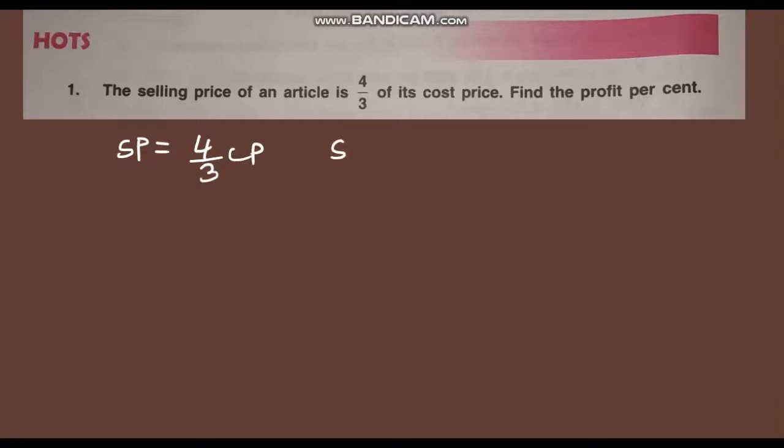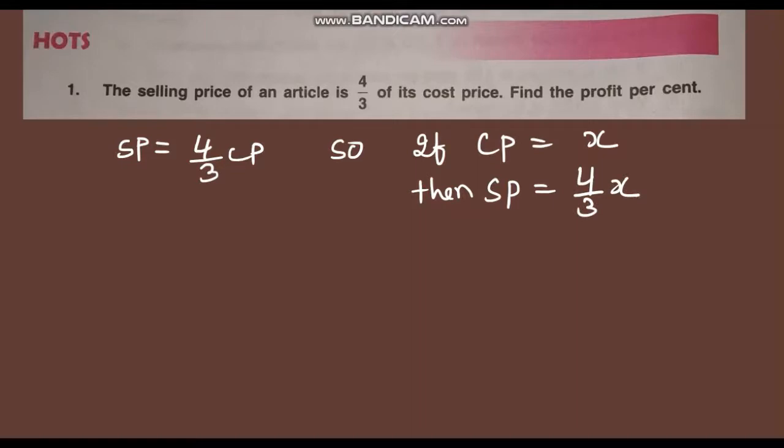So, if CP is equal to X, then SP will be equal to 4 by 3 X. Now see here children, if you change this 4 by 3 into mixed fraction, it will be 1 by 3 X. Okay, so from here you can say that CP is X and SP is 1 by 3 X, and this makes clear that SP is greater than CP.